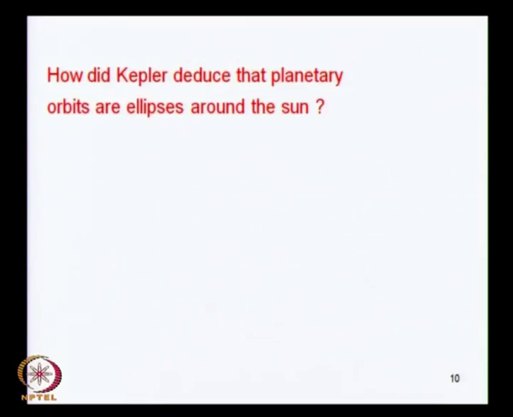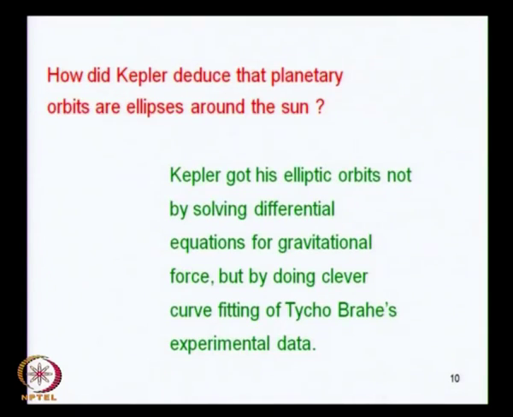What Kepler did was to make use of observations which were tabulated by Tycho Brahe. Tycho Brahe was a brilliant astronomer, and he recorded the positions of various planets and how these positions change with time over the course of a year.